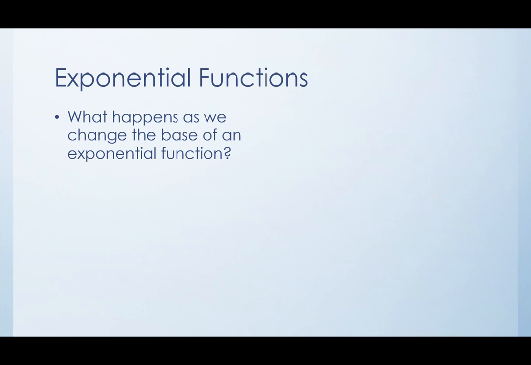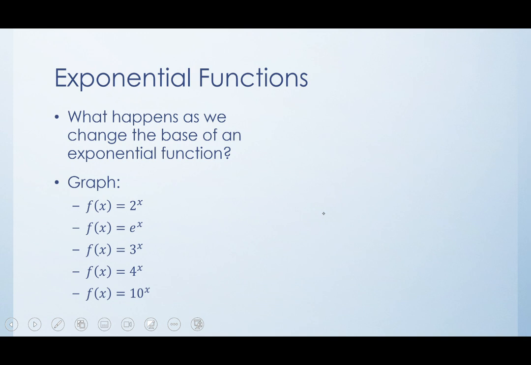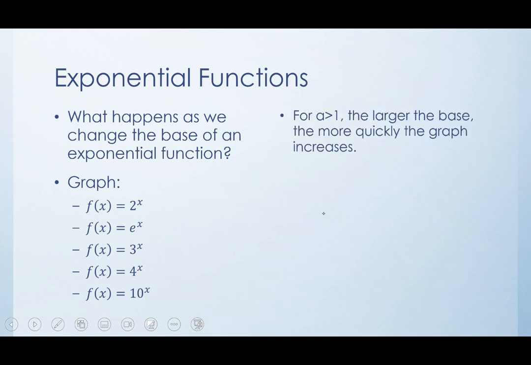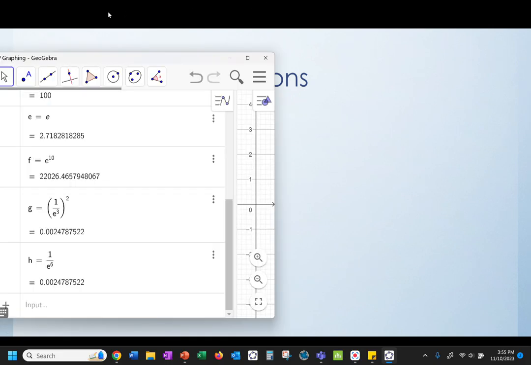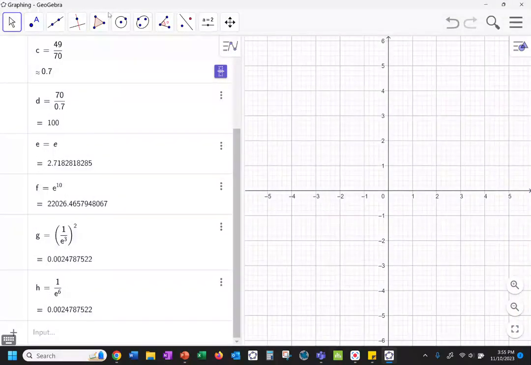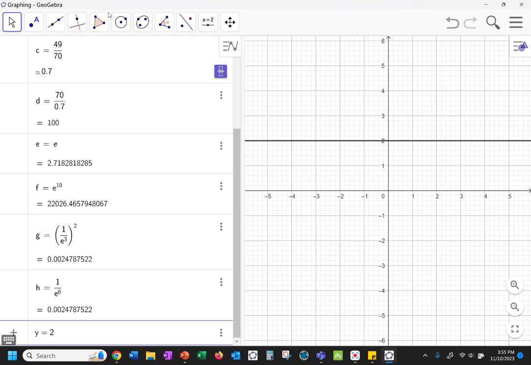So what happens when we change the base of an exponential function? We've got several functions to graph: 2 to the x, 3 to the x, e to the x, 4 to the x, 10 to the x. We're going to graph these in GeoGebra and see what happens. So we're going to have y equals 2 to the x.